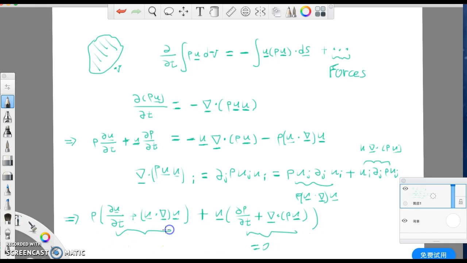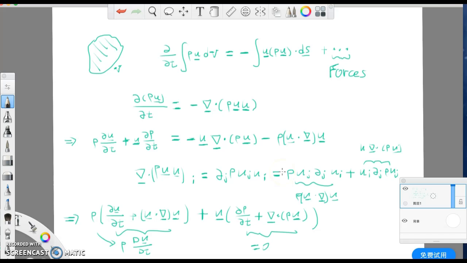And this one is Du by Dt, and the whole thing, you bring rho here, you will see that this term is the left hand side of the fourth equation, and rho is outside the bracket.